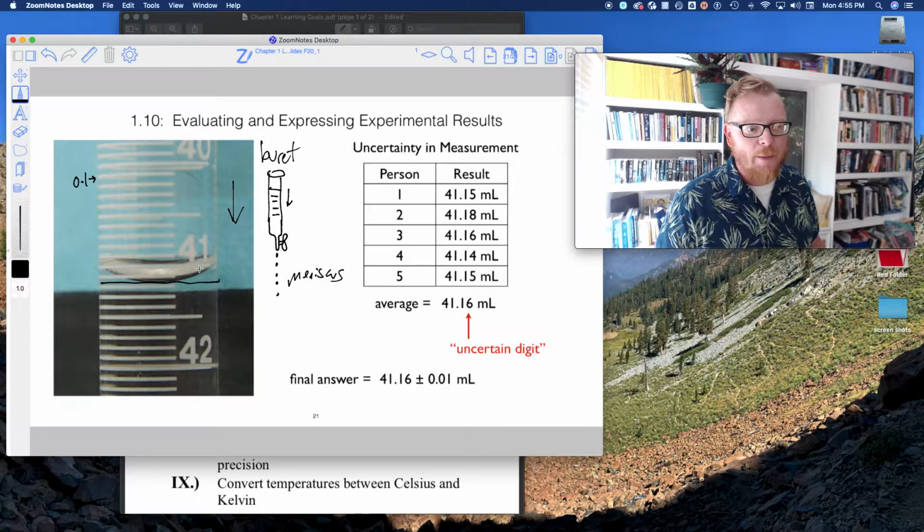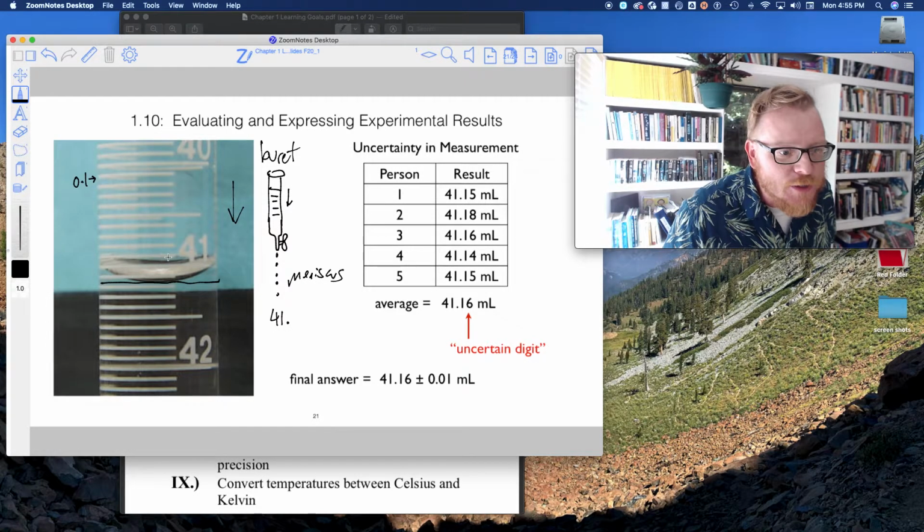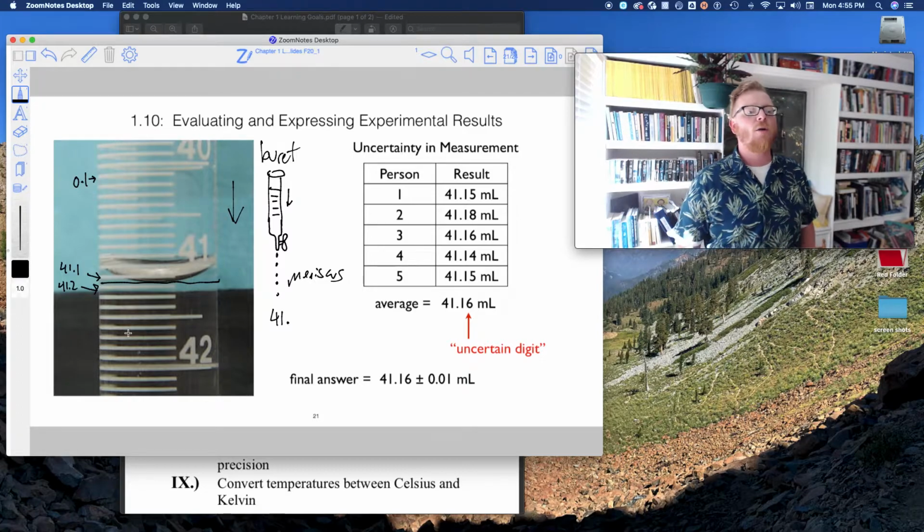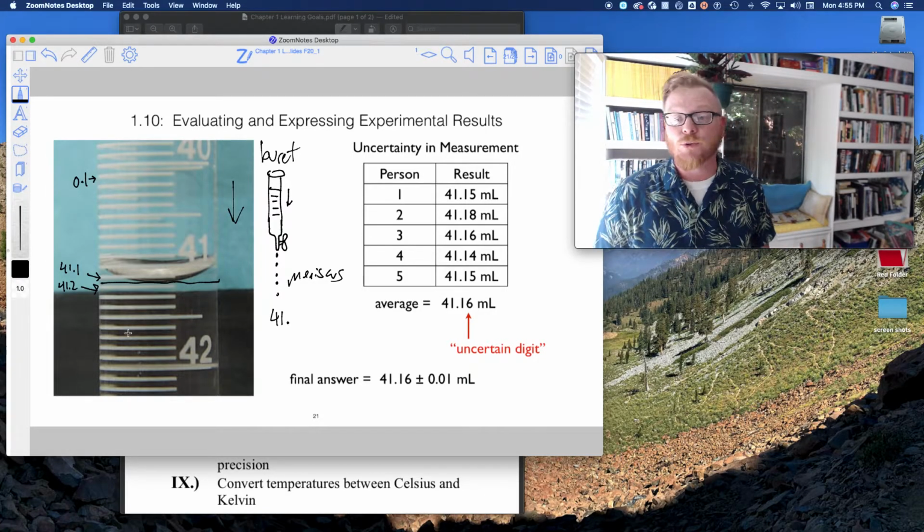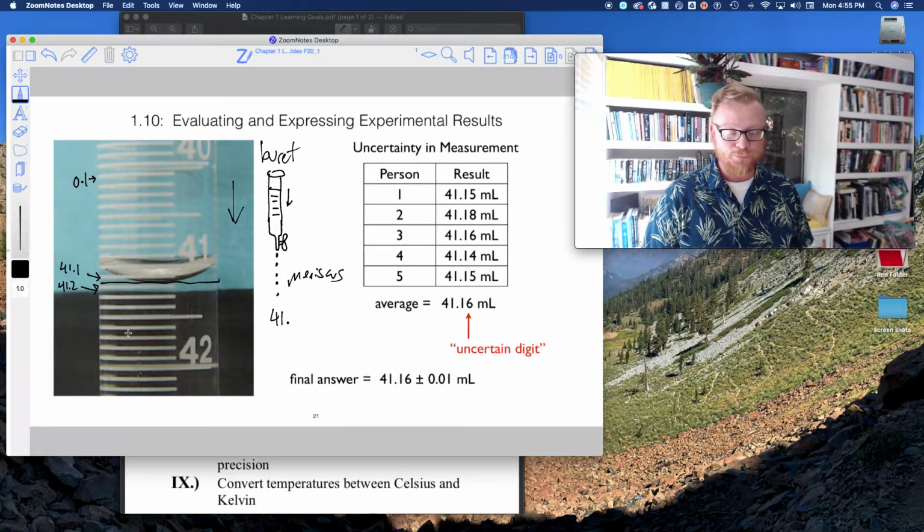So we know, for example, that it's 41 point. And then look, here's the 41.0, 41.1. This line right here is 41.2, and this line right here is 41.1. So we know our result is going to be somewhere between the 0.1 and the 0.2.